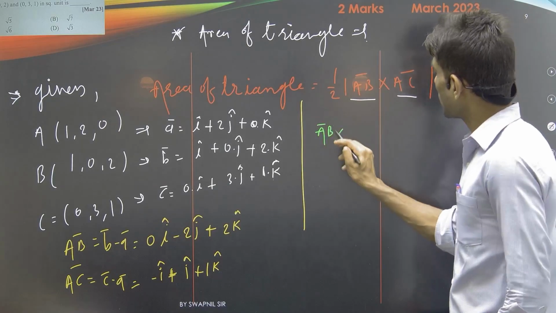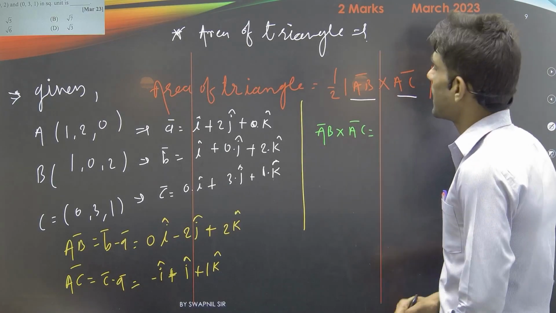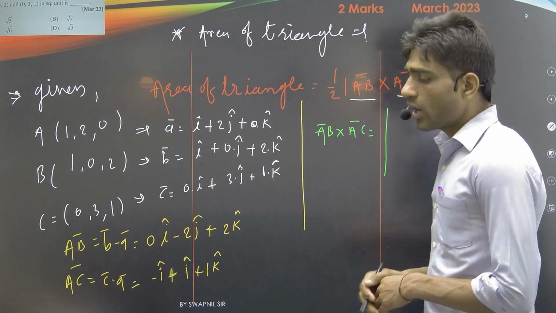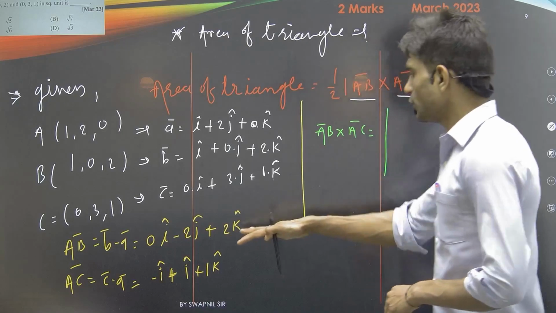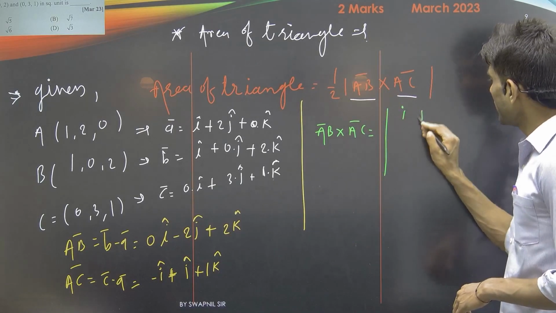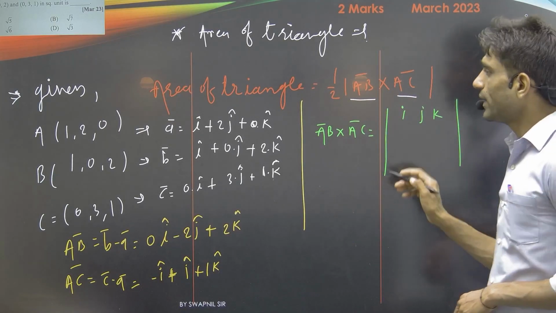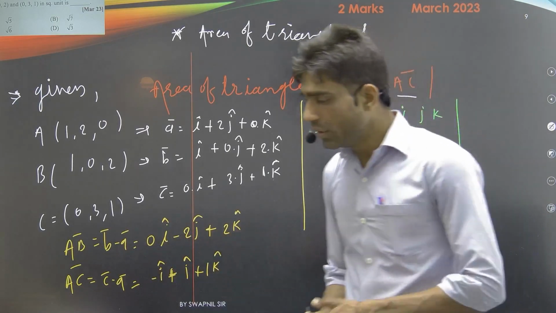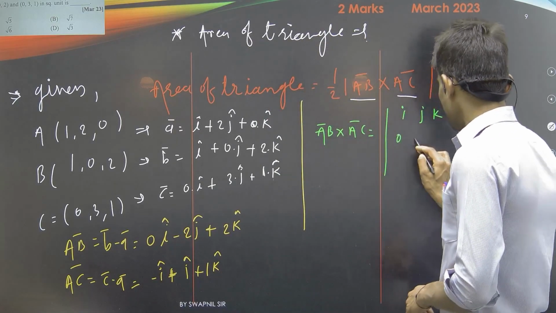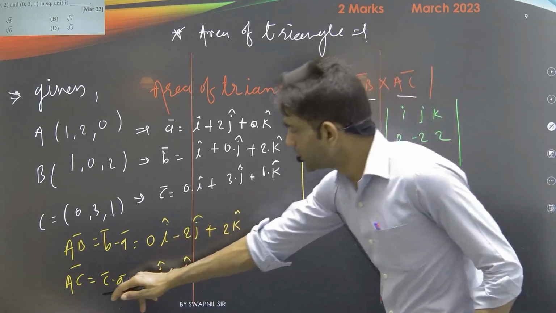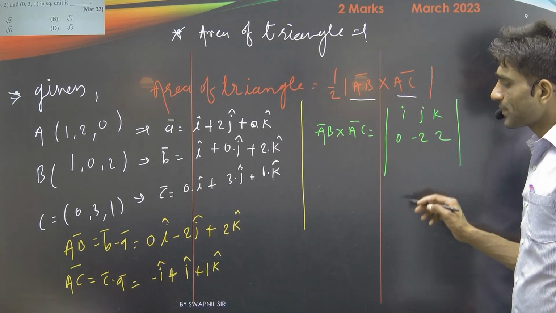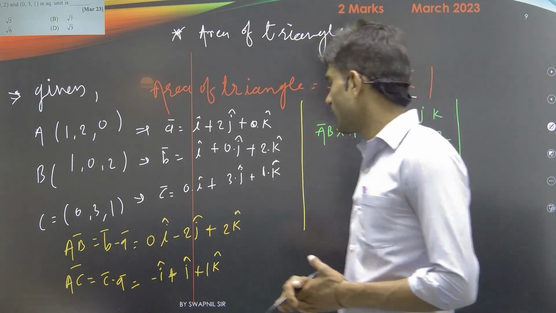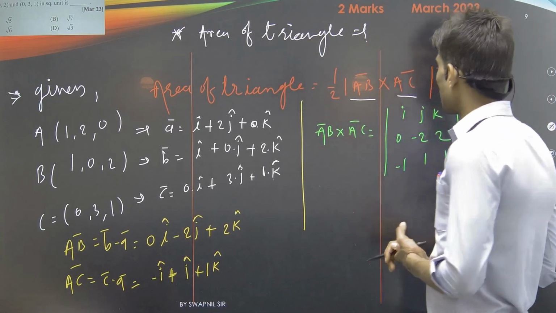AB bar cross AC bar can be written as the modulus of the determinant with rows i j k, then the coefficients of AB bar, which are 0, minus 2, 2, and then the coefficients of AC bar, which are minus 1, 1, 1. This is AB bar cross AC bar.